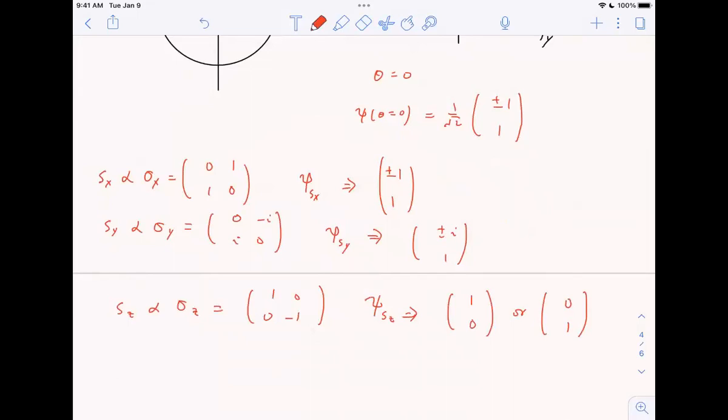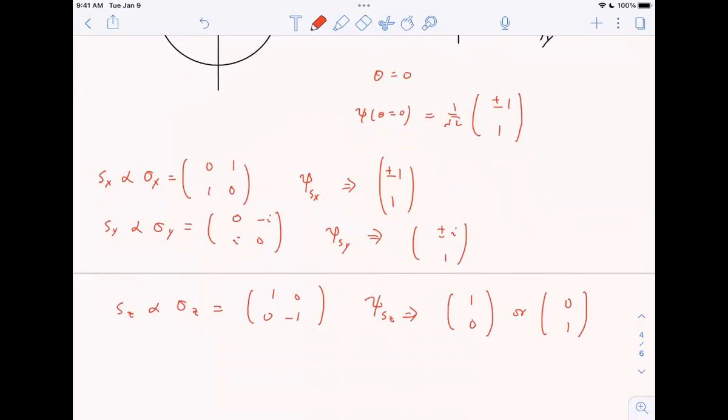So these are the eigenstates of the spin. Okay, if you apply a magnetic field in the x direction, then the 2 eigenstates will be this. Okay, so this will be the spin pointing in the x direction. Plus and minus is this direction or the opposite direction.